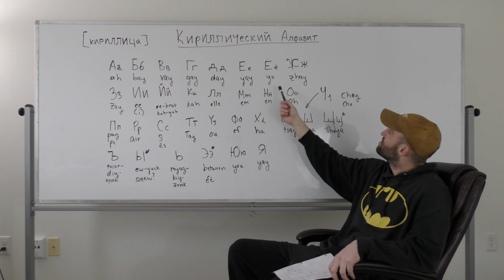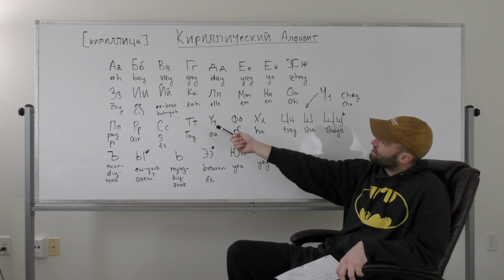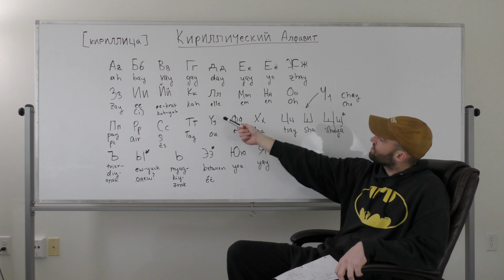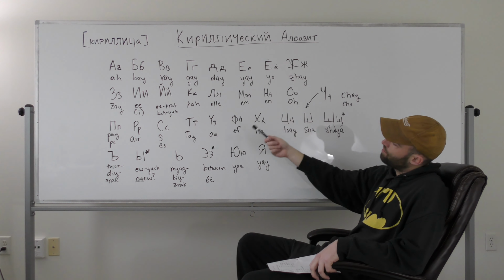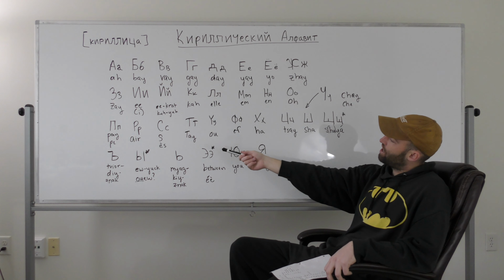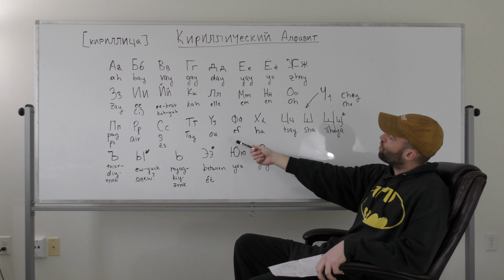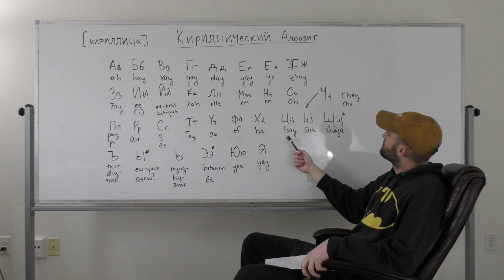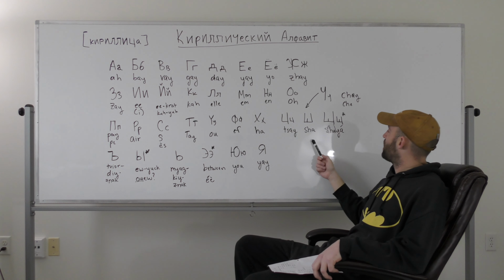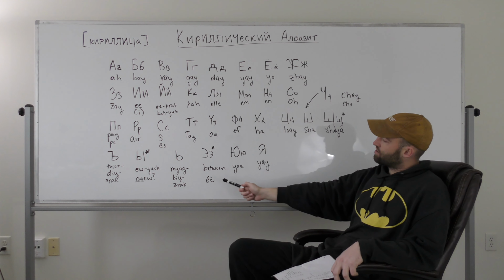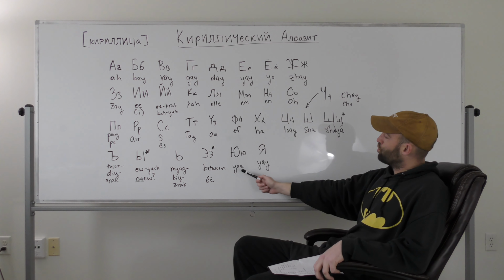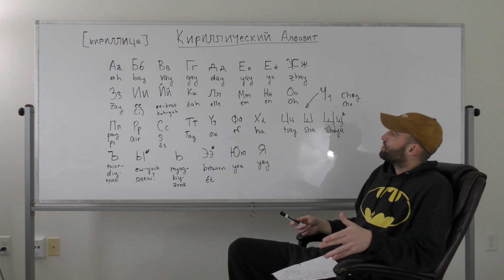Yay, Yo, J, Z, I краткое, K, L, M, N, O, P, R, S, T, U, F, H, C, Ch, Sha, Shcha, tvyordyi znak, Y, myagkiy znak, E, Yu, Ya.